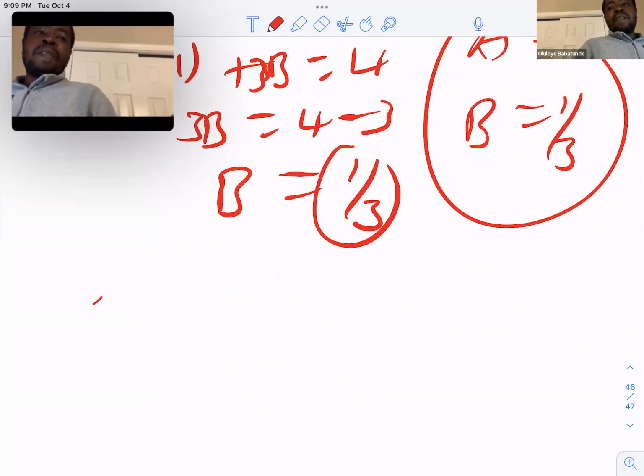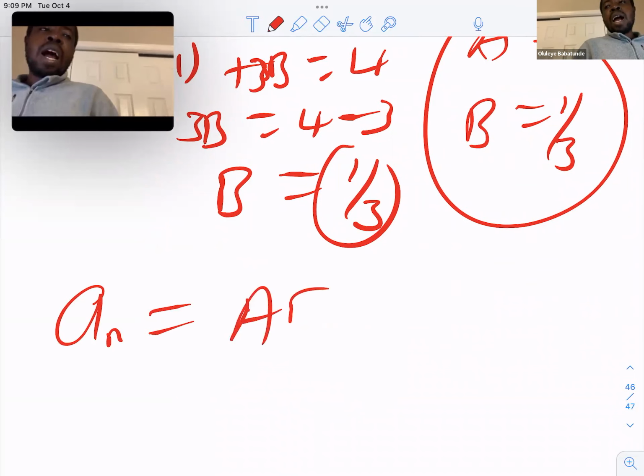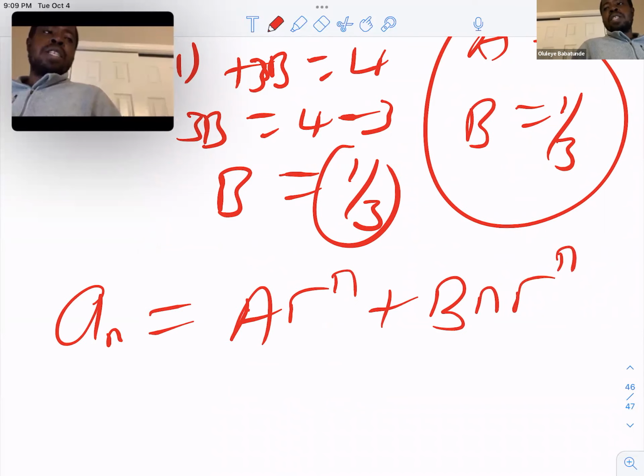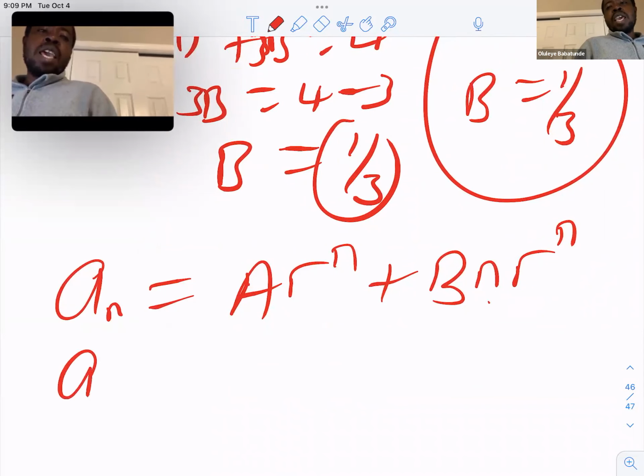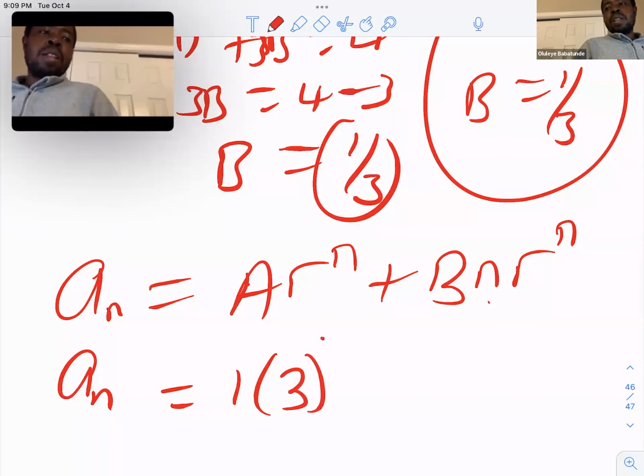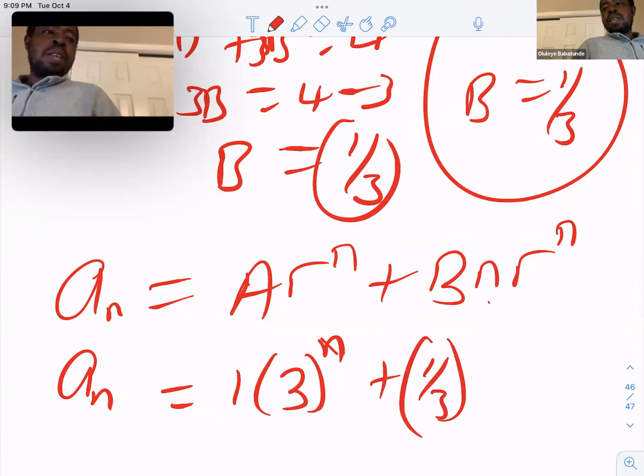So I can now have an, but my an is what? A R^n plus B n R^n. See the n in the middle? So my an solution is what? 1 times 3 raised to power n plus 1 over 3, that's my B, times n times 3 raised to power n.